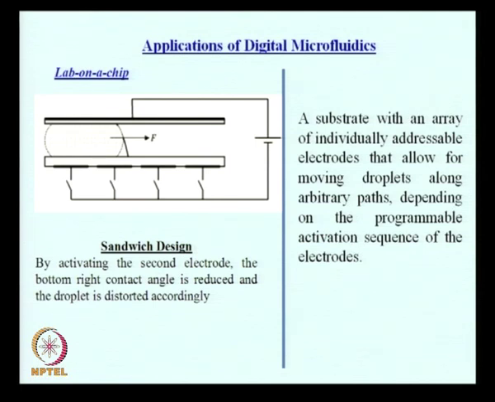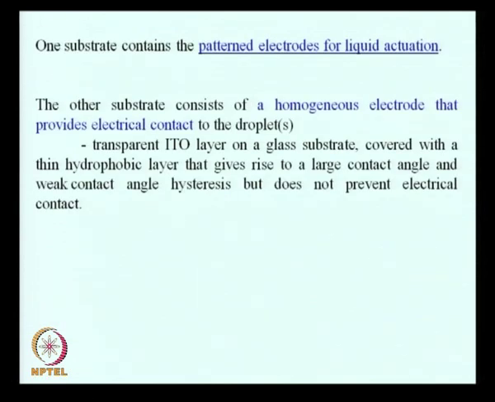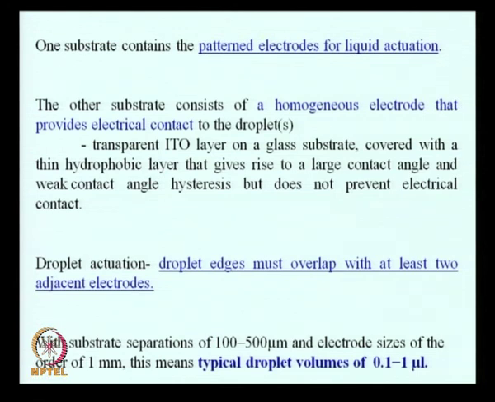Now, I have already described the example of lab on a chip and how you can move droplets. So, I will move on to the substrates that are used. It could be a transparent glass with ITO coating, having a thin hydrophobic layer, and the droplet edges must overlap with at least 2 adjacent electrodes in order to have any kind of actuation.